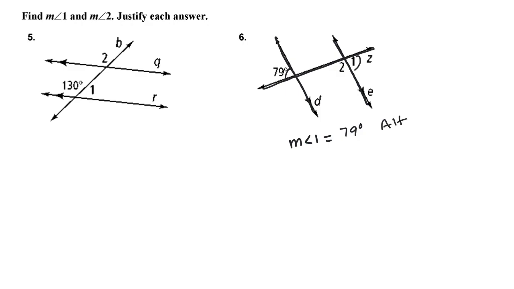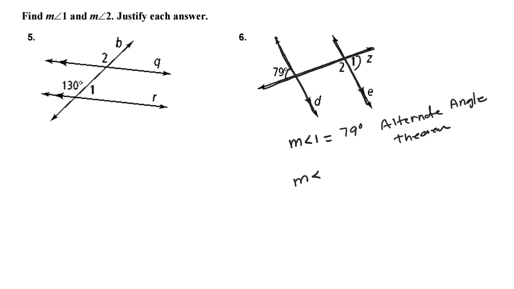That's your alternate angle theorem, which means they're both going to be congruent if two lines are parallel cut by a transversal.